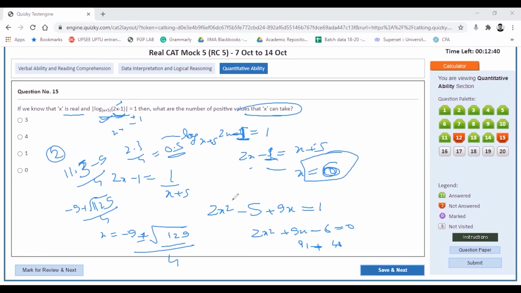For the other value, I got 2x minus 1 is equal to x plus 5, 2x square minus 5 plus 10x minus x, that is plus 9x, equal to 1. Taking this, x becomes equal to minus 9 plus minus under root b square minus 4ac, 81 plus 48, that is 129, correct, divided by 2a, that is 4.